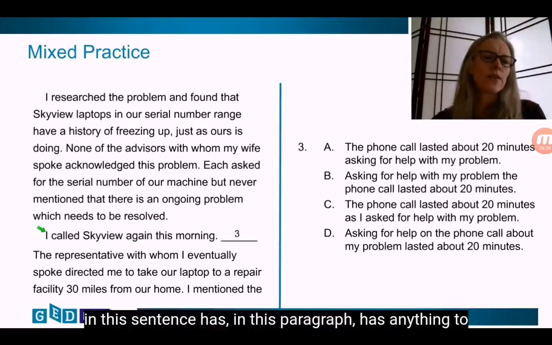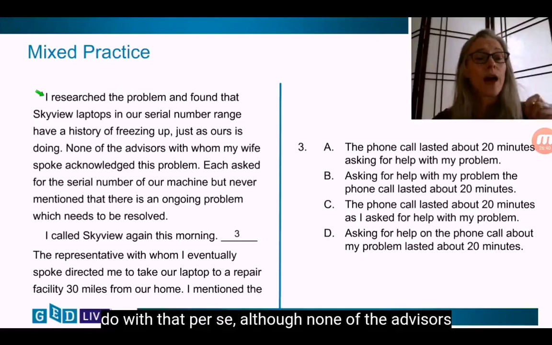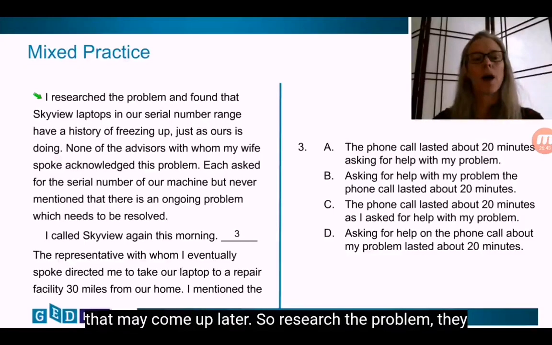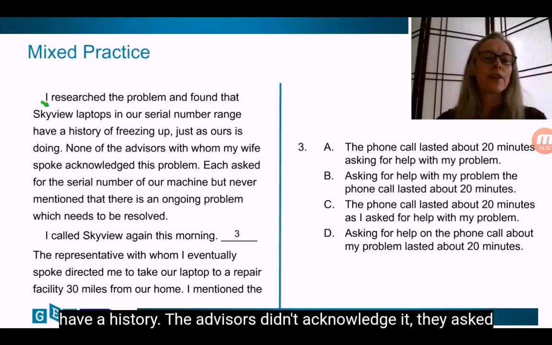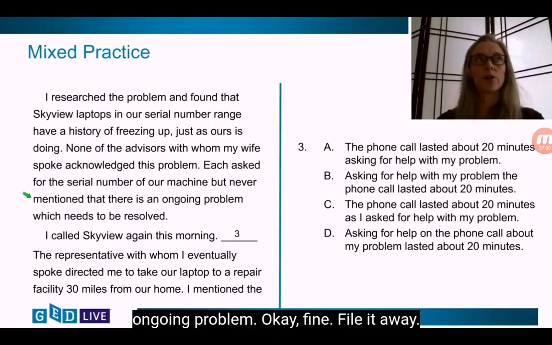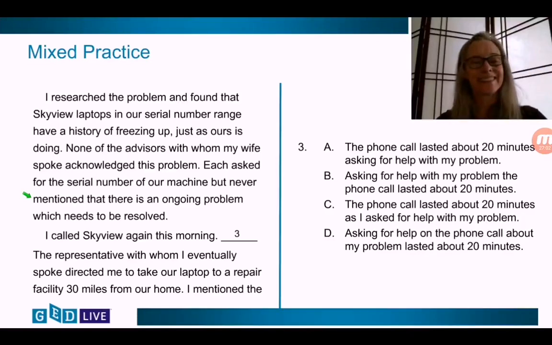And nothing in this paragraph has anything to do with that per se, although none of the advisors acknowledge the problem. So look, there's information here that may come up later. So research the problem, they have a history. The advisors didn't acknowledge it, they asked for the serial number, but they never mentioned that there's an ongoing problem. Okay, fine, file it away.